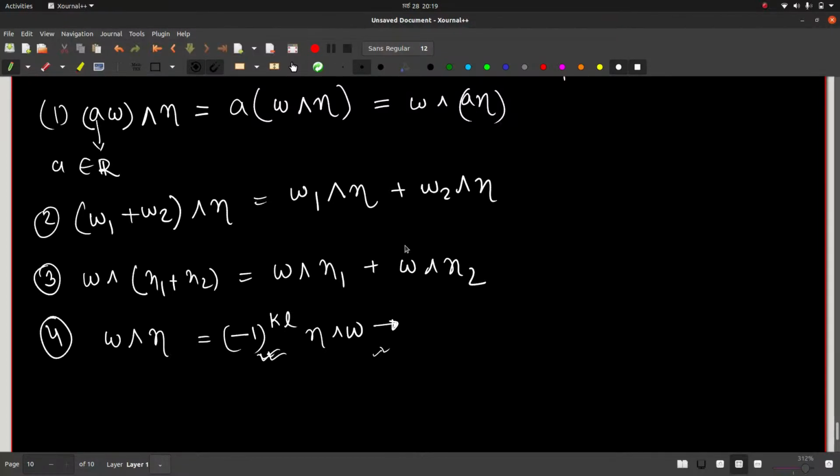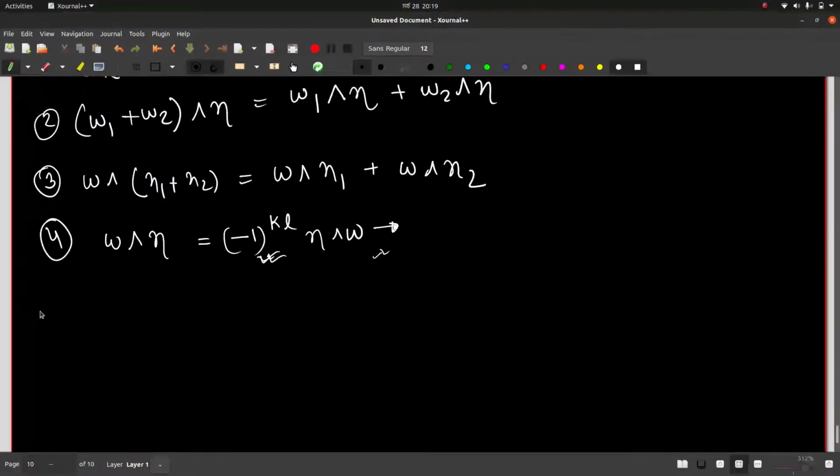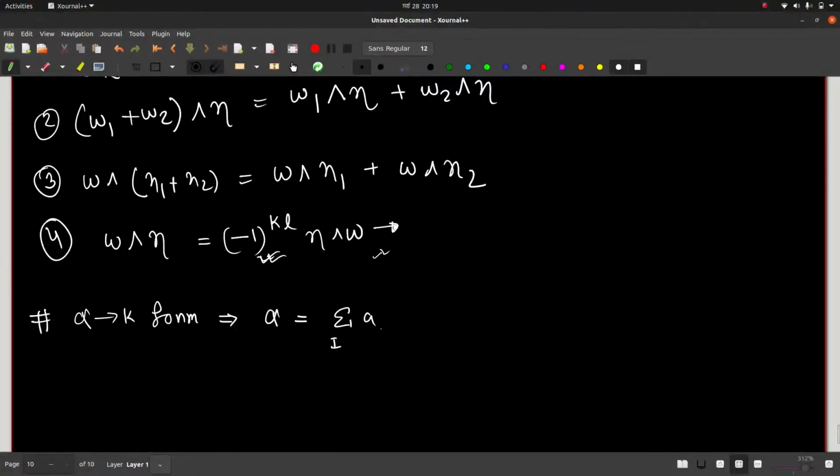So now what we want to do is, let's say you are taking two differential forms. One is a k form, another is an L form. Let's say alpha is a k form, which can be written as alpha equals the summation over I of a_I dx_I, like this.